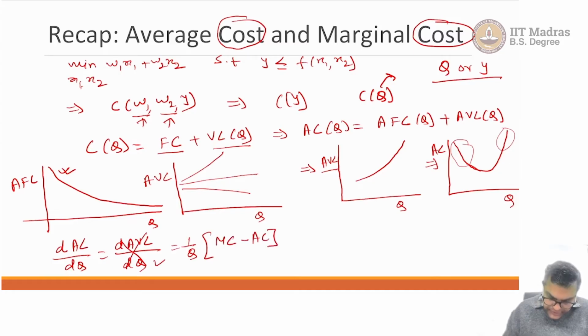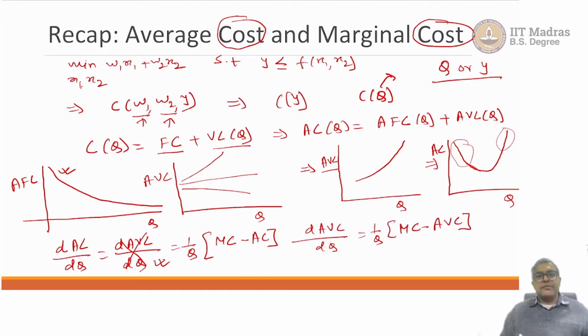If we had used this one, DAVC by DQ, then we will get 1 by Q (MC minus AVC). That is what we will obtain, and that is why I said let us not put it here together, although this is also the definition of marginal cost.